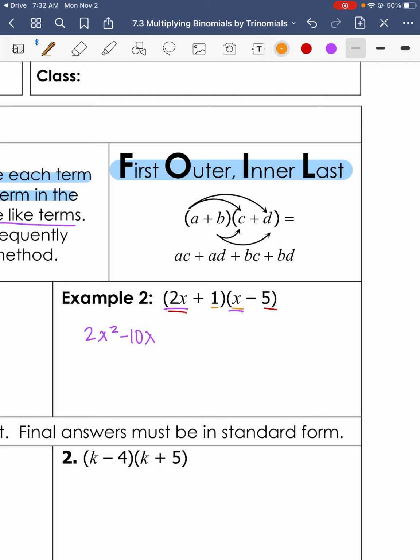Our inner two, which would be 1 and x, that gives us positive x. And then our last two terms, 1 and negative 5, gives us negative 5. Combine like terms, we get 2x squared minus 9x minus 5.